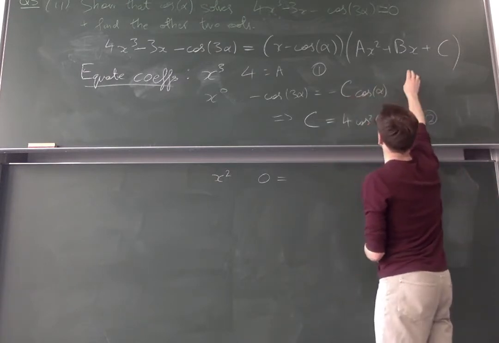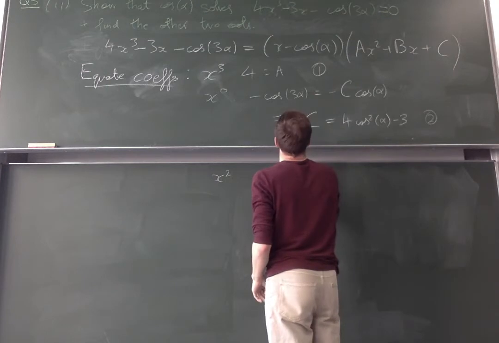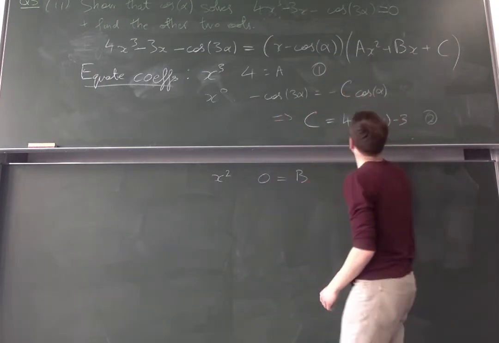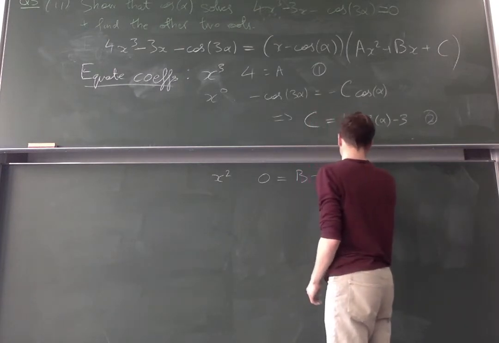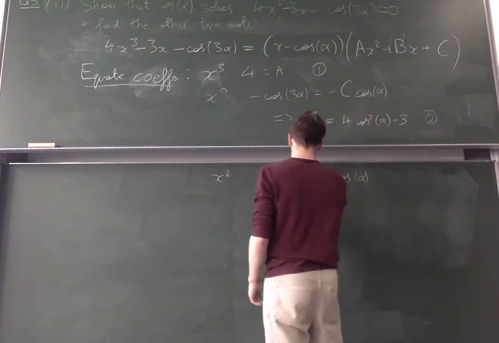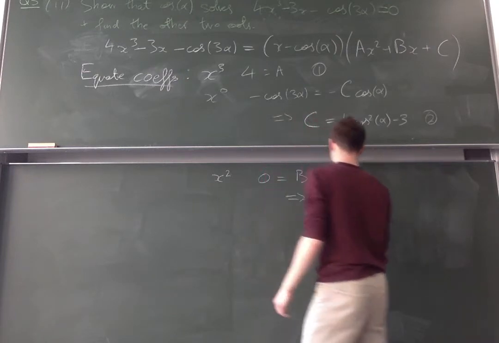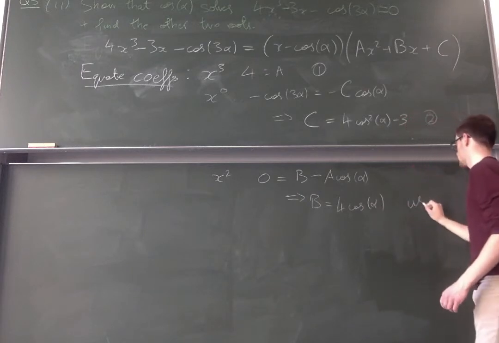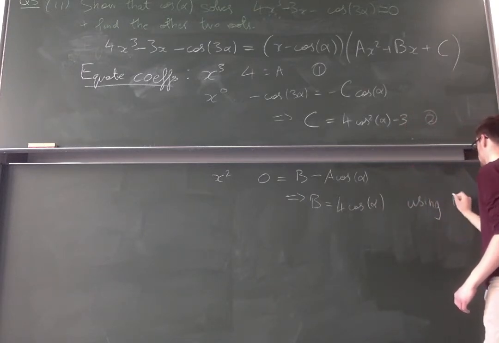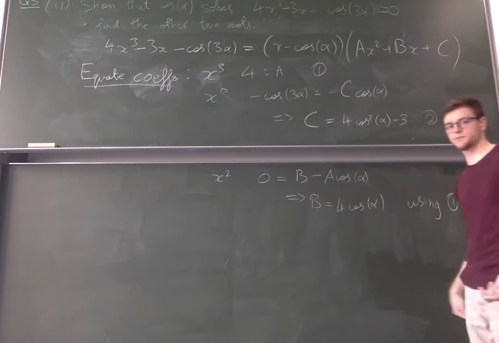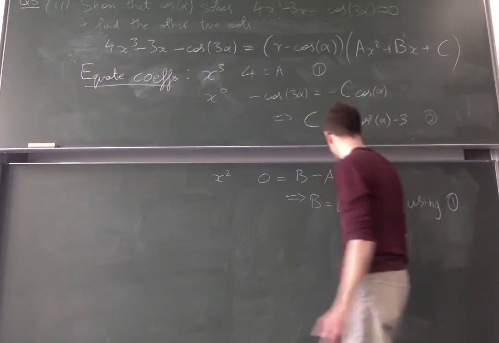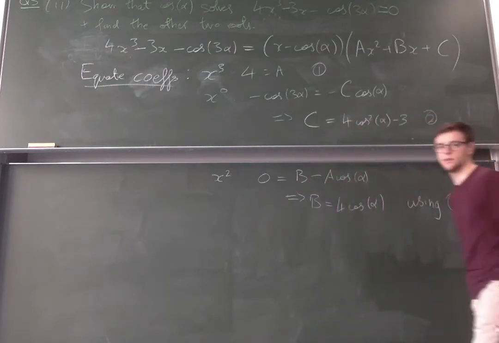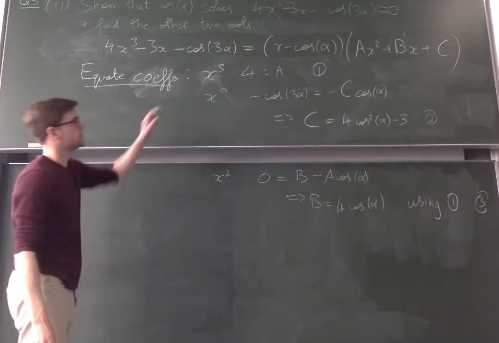I can get it from linear times linear, so that's going to be B. Or I can get it from quadratic times constant, so that's going to be A minus A cos alpha, which implies that B is equal to 4 cos alpha, because I know that A is equal to 4. So maybe I'll call that 3.